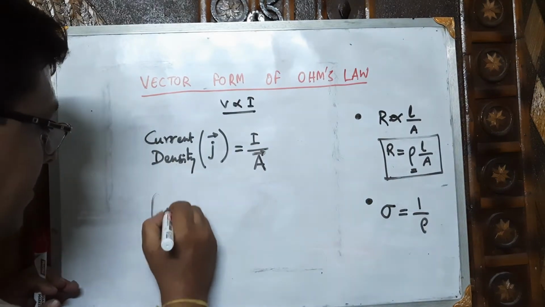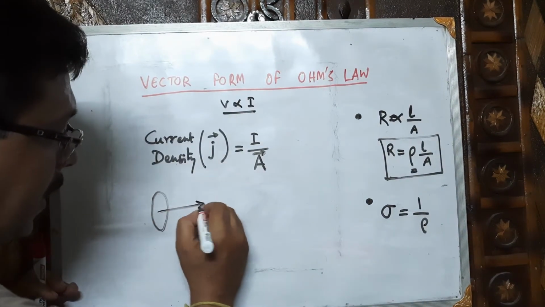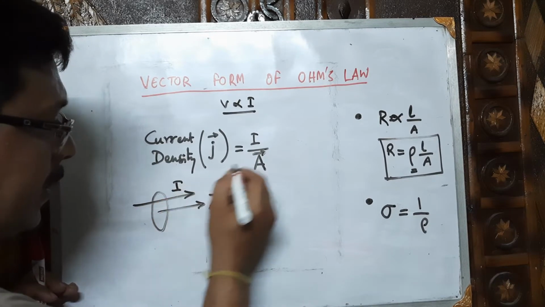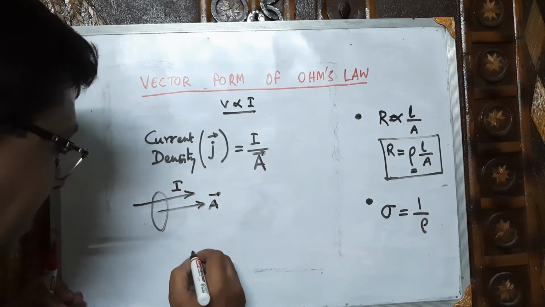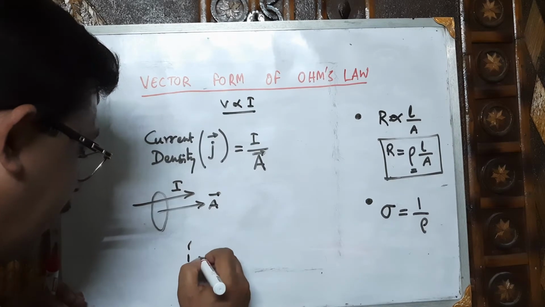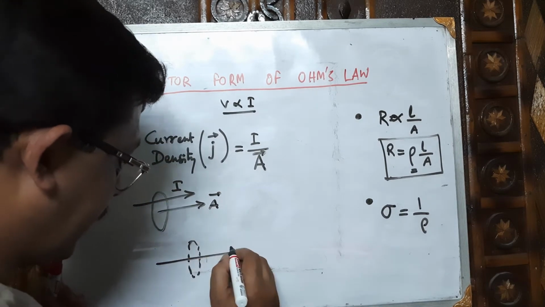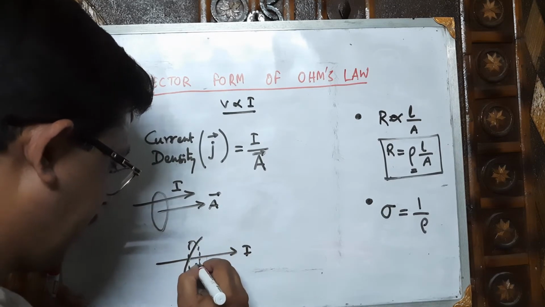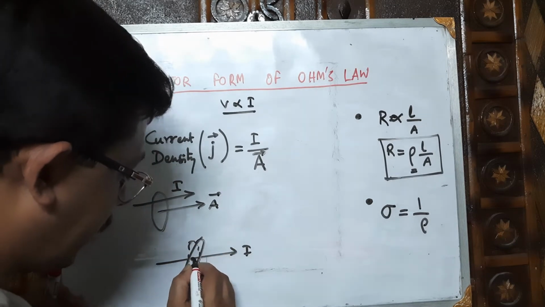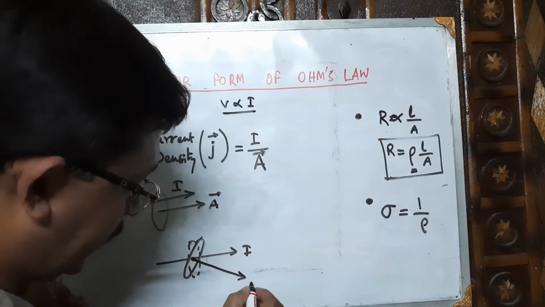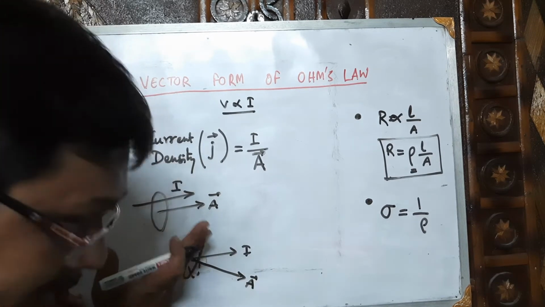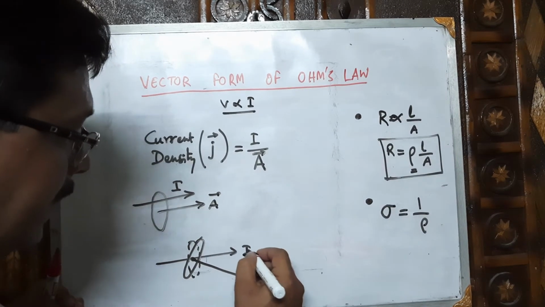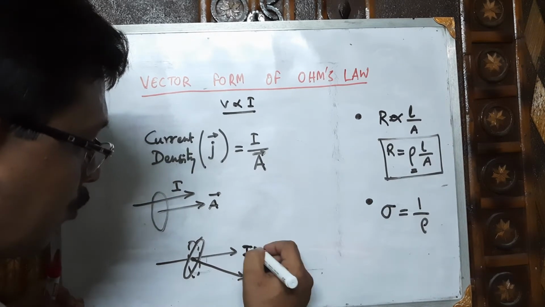One more thing I have to discuss here. Suppose the area is along this direction and the current is also acting along the same direction, so it was correct. But suppose the area is a little bit slanted, then the area vector should act along this direction. Then how do we find the current density vector J?